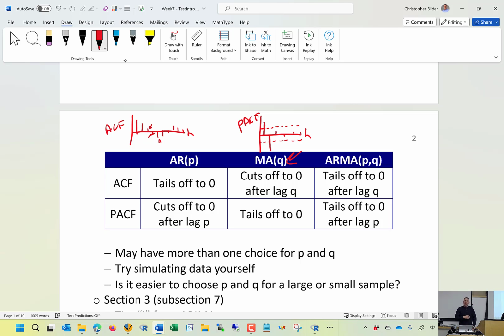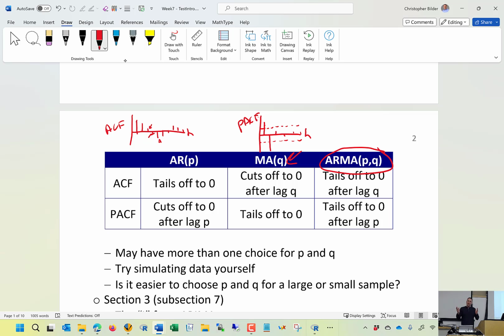If I purely had a moving average model that was appropriate for my data, I have essentially the opposite occur: the ACF cuts off to 0 after lag q, and the PACF tails off to 0. Then what makes things complicated is when both p is greater than or equal to 1 and q is greater than or equal to 1, meaning I have an ARMA model.